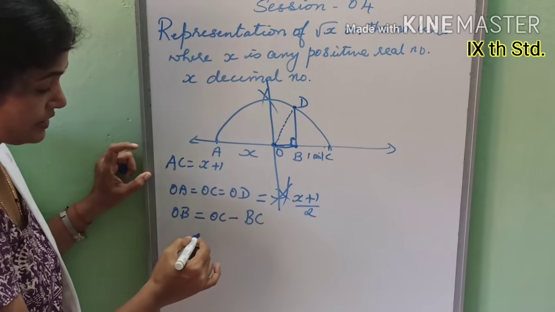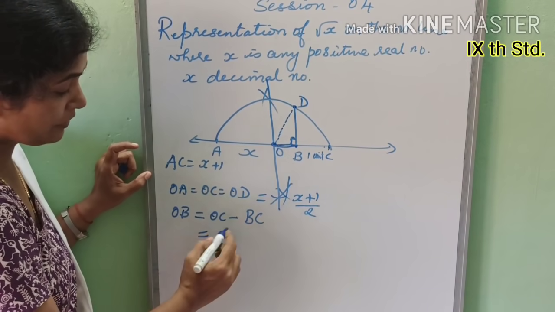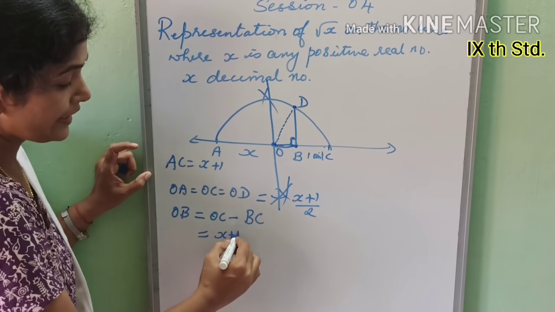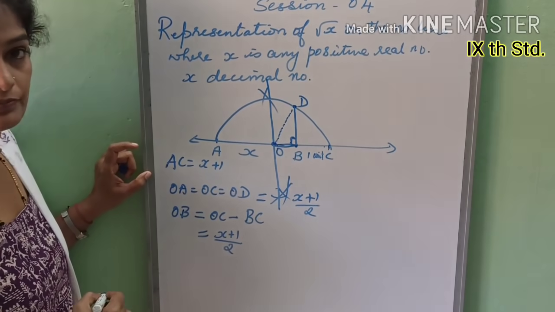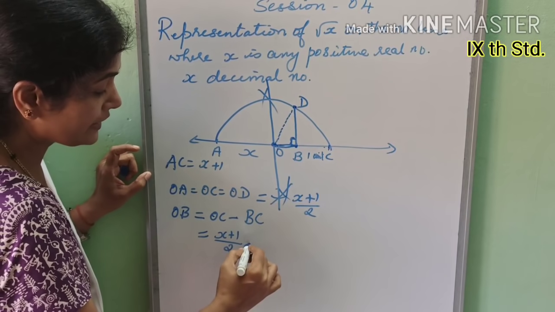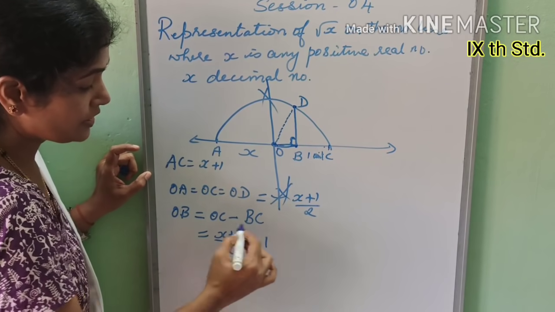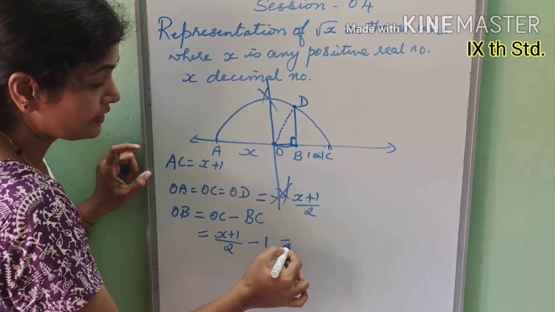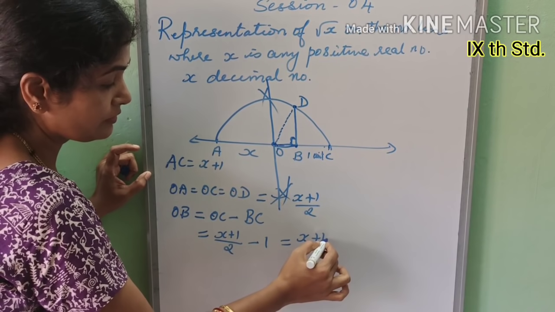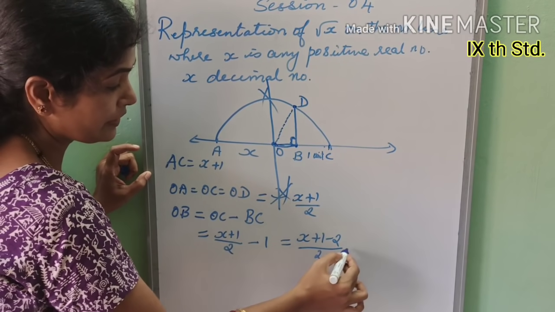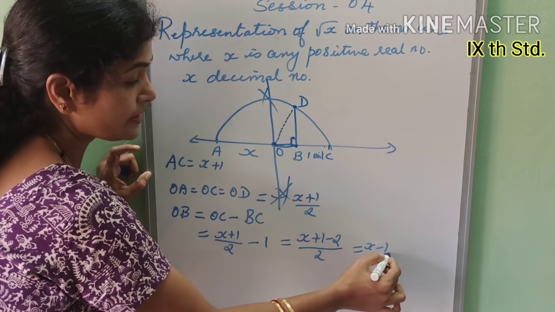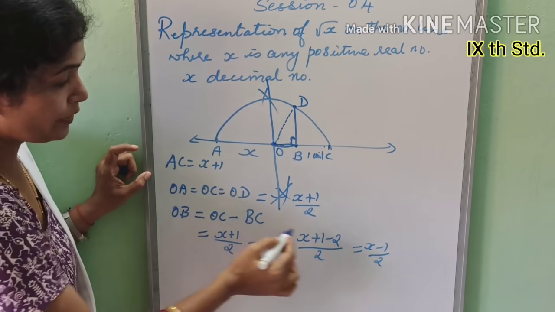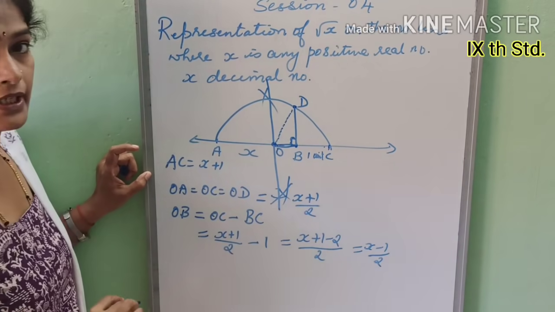Correct? Yes. Now what is this OC? From the previous step we have got OC is (x plus 1) by 2. Right? Minus BC is 1 unit. Now simplify this. This is (x plus 1 minus 2) whole divided by 2, which is equal to (x minus 1) by 2. So OB is equal to (x minus 1) by 2.